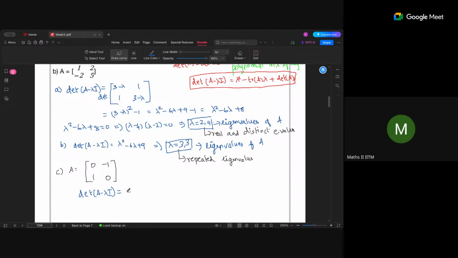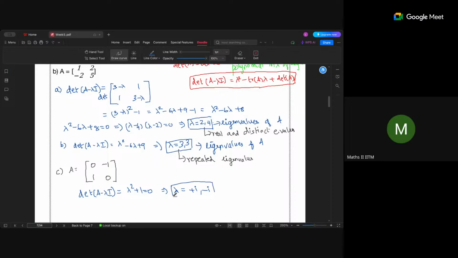Lambda square plus 1 equal to 0. So what are the eigenvalues in this case? Complex numbers. What are they? Plus minus i. Right?